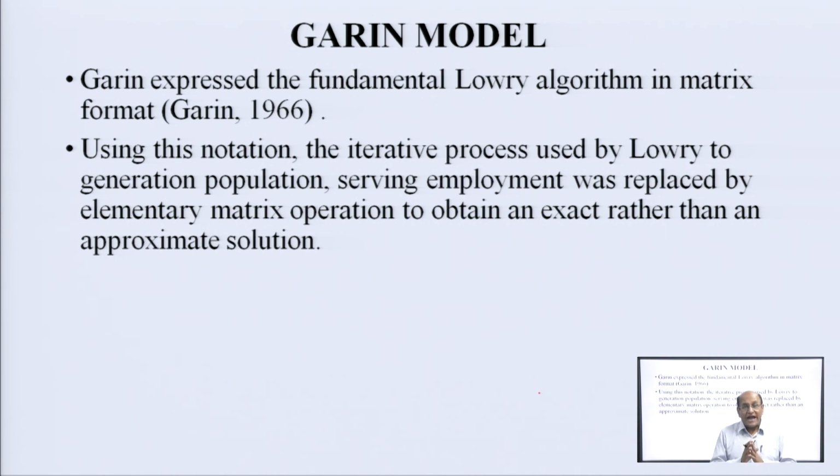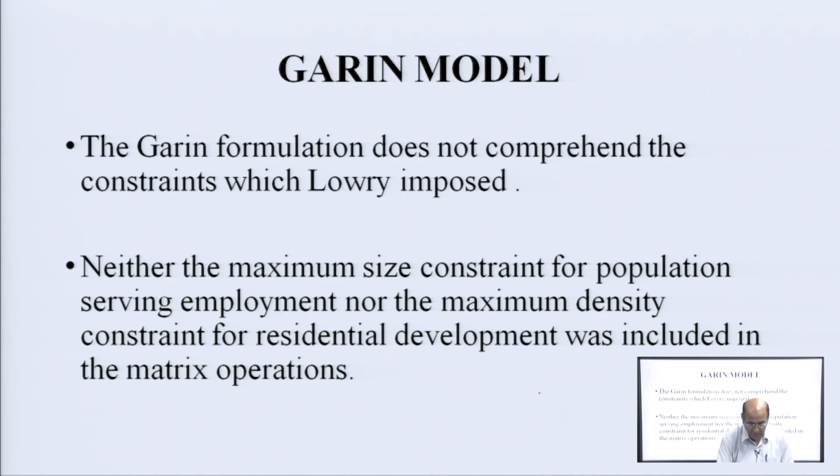So, this is Garin's model. Garin's formulation does not comprehend the constraints which Lowry imposed. Neither the maximum size constraint for population serving employment nor the maximum density constraint for the residential development was included in the matrix operation.